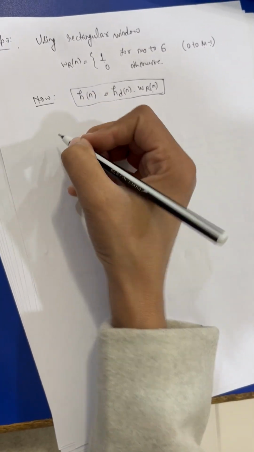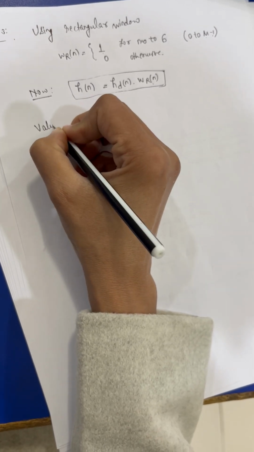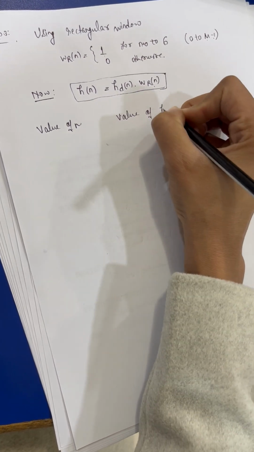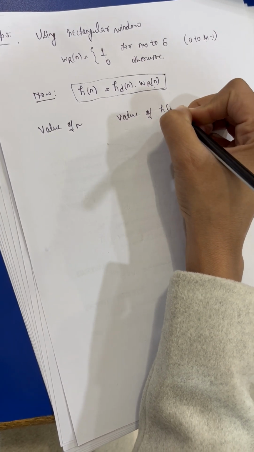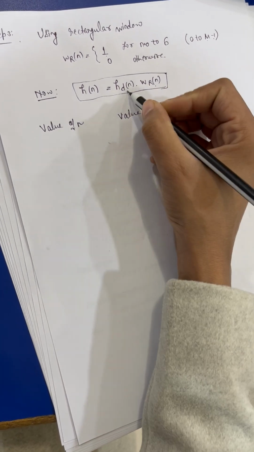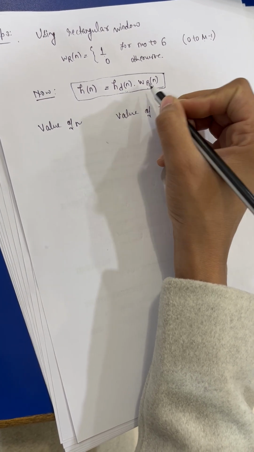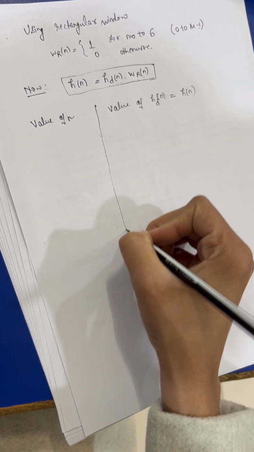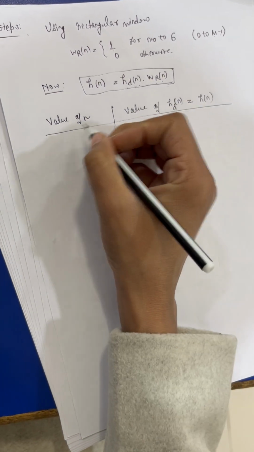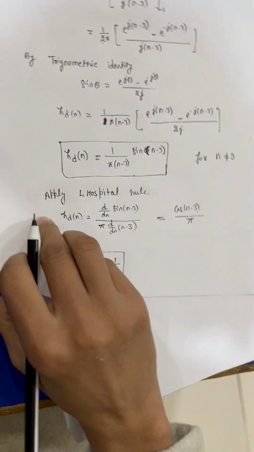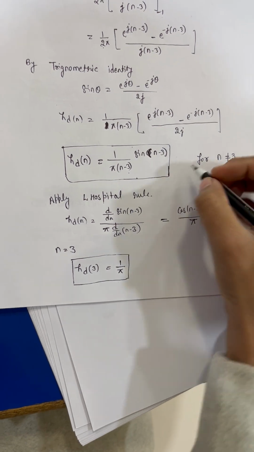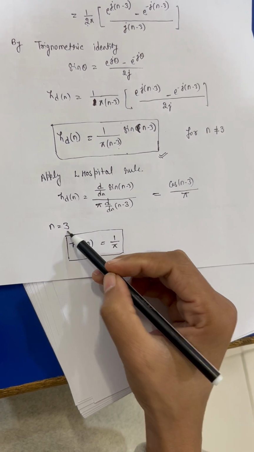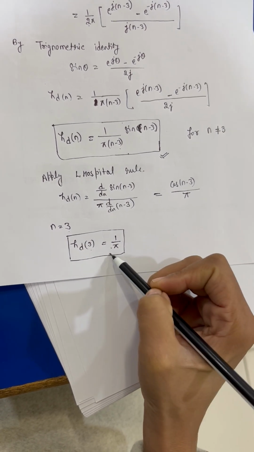So we'll make the table; here we'll put the value of n, here the value of h_d(n), that is equal to, because h_d(n) multiplied with w_R gives 1, so h_d(n) becomes equal to h(n). Now put the value of n in this equation; when n equal to 3, we have the solution already.